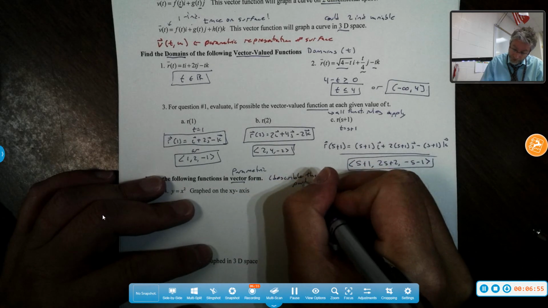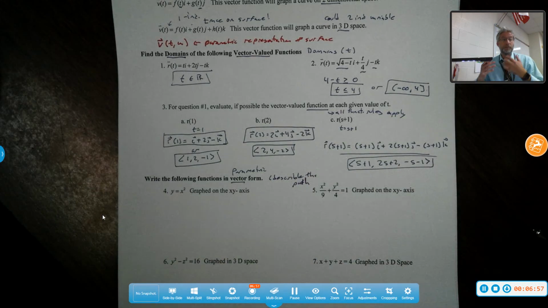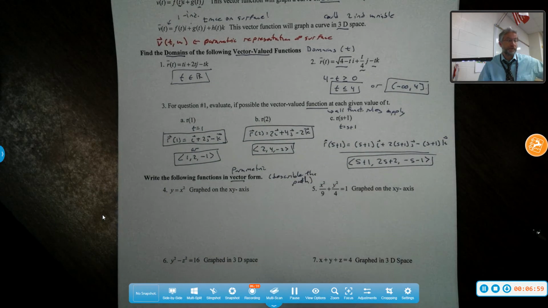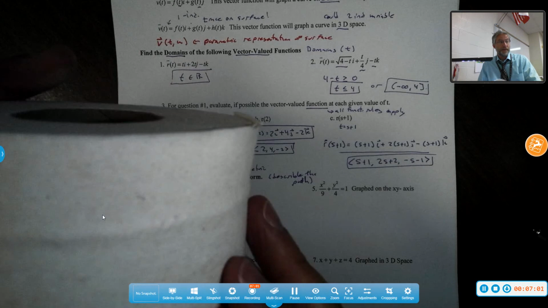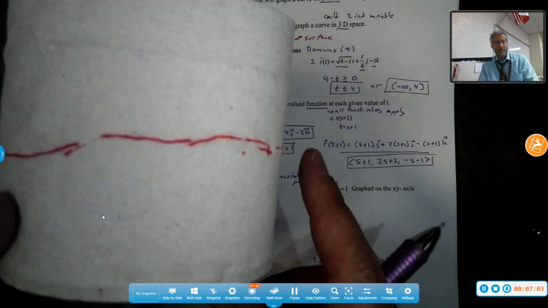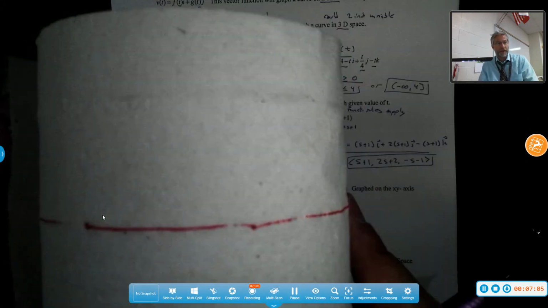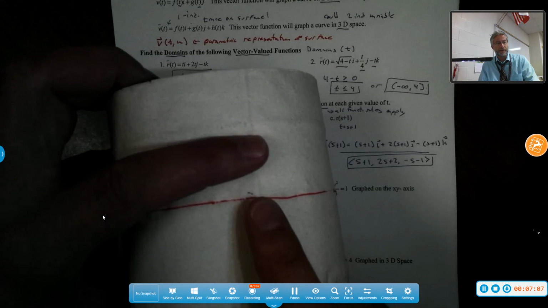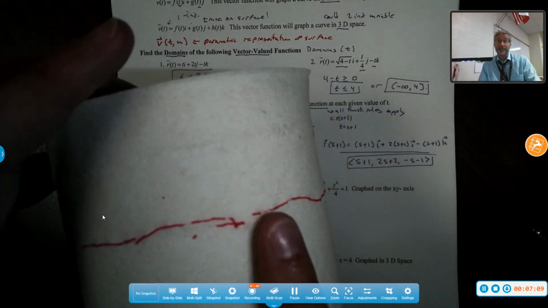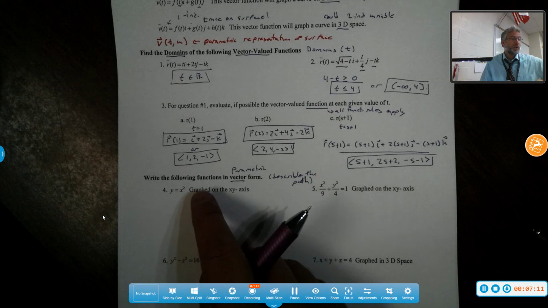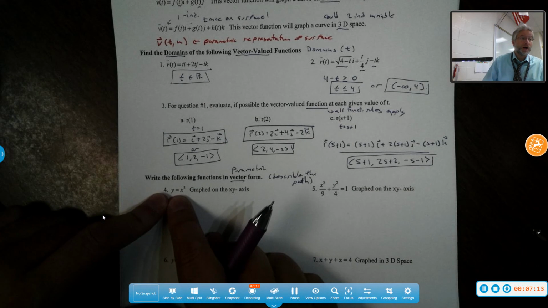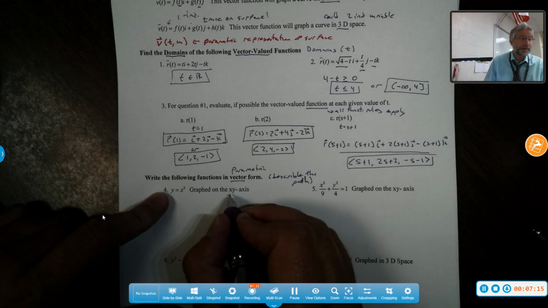How are we moving along the curve? We kind of talked about that here. If I were to walk around the toilet paper of mathematics, I will be walking in this path. That's that trace. So we have this parabola graphed on the xy axis.